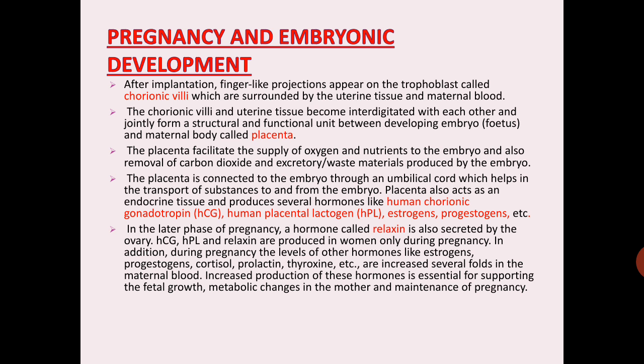The placenta also acts as an endocrine tissue and produces several hormones like, very important, human chorionic gonadotropin (HCG), human placental lactogen (HPL), estrogens, progesterone, etc. This question may also be asked in the exam.